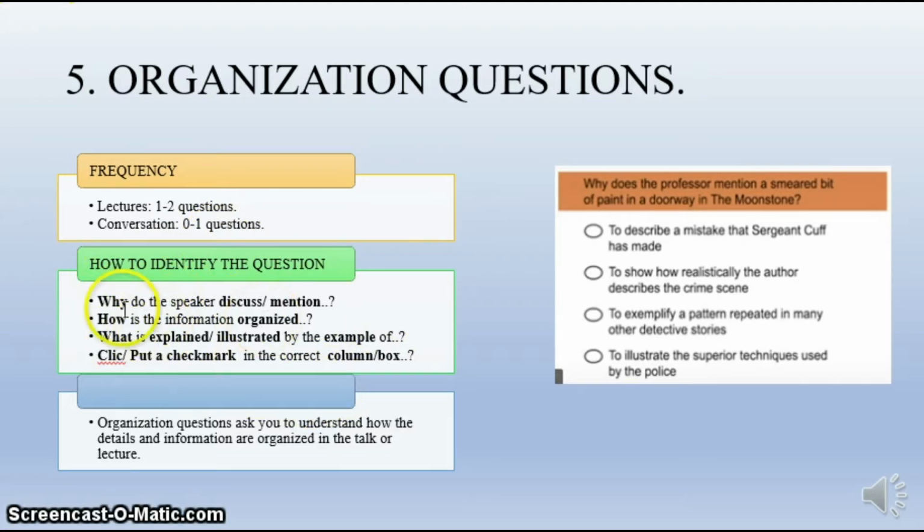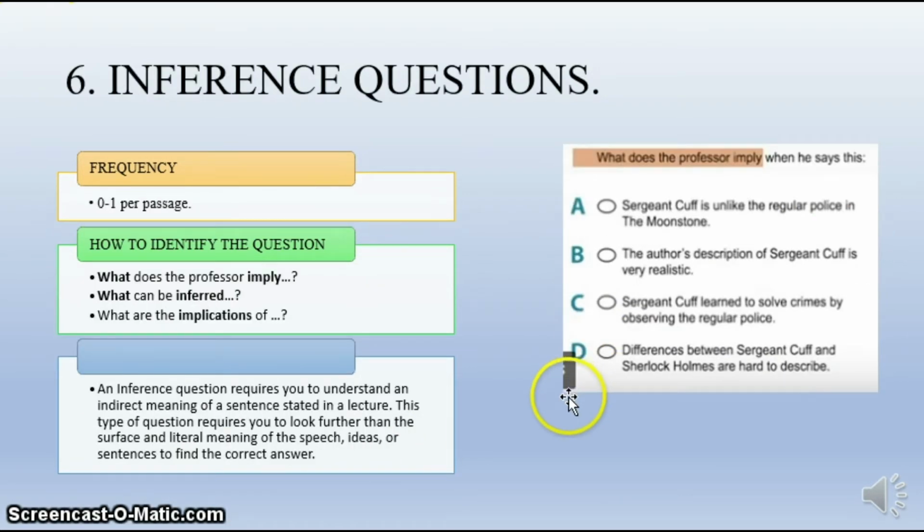The keywords are why, discuss or mention, how is the information organized, what is explained, illustrated by the example of, and click or put a check mark in the correct column or box. The organization question asks you to understand how the detail and information are organized in the talk or lecture. Also here we have the example.